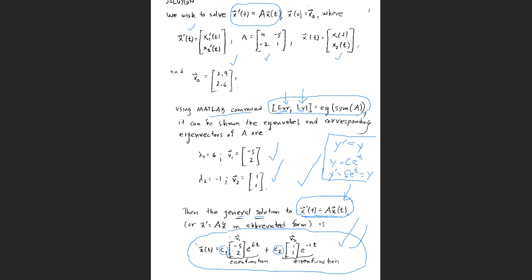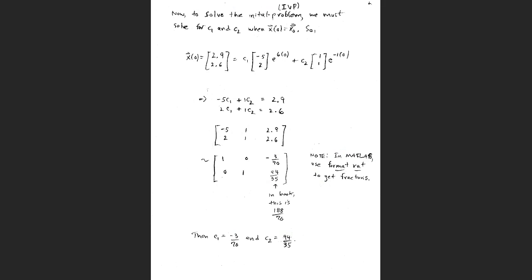So, okay, well, I can solve that, right, by just saying initially at time 0, x1 is 2.9, x2 is 2.6, and I'm going to set that equal to my general solution where I substitute in time equals 0.